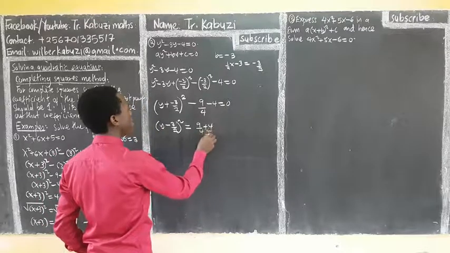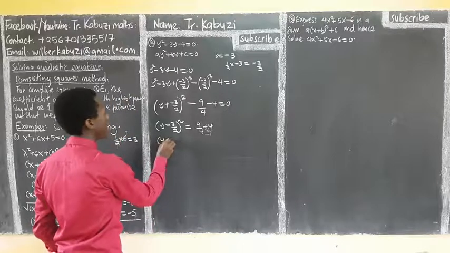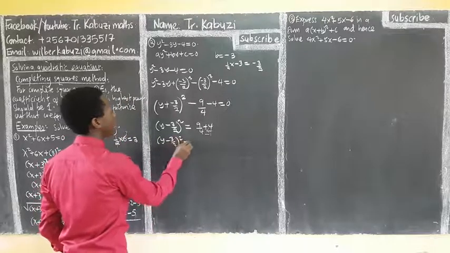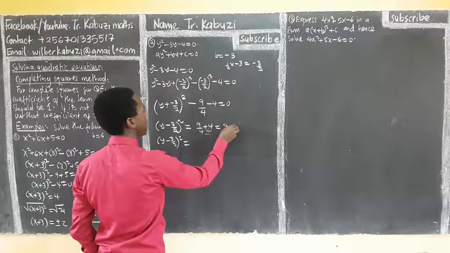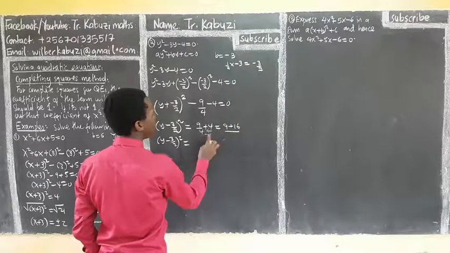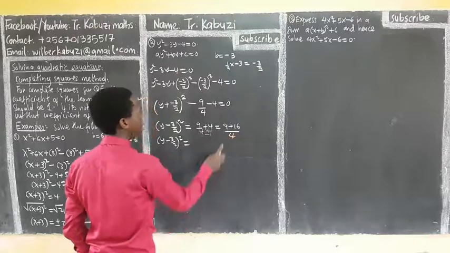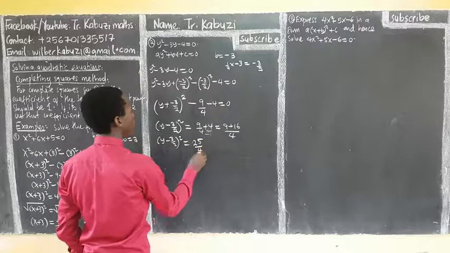Then I cross multiply up and down. So I have y minus 3 over 2 squared equal to 2. When you cross multiply, this will be 9 plus 16 over 1 times 4. So this plus this you get 25 over 4.